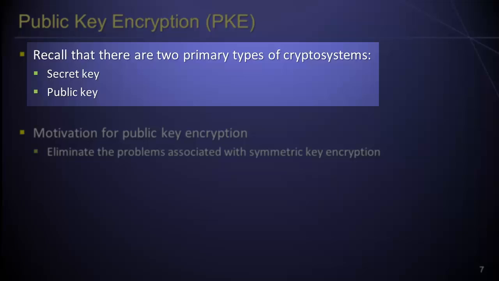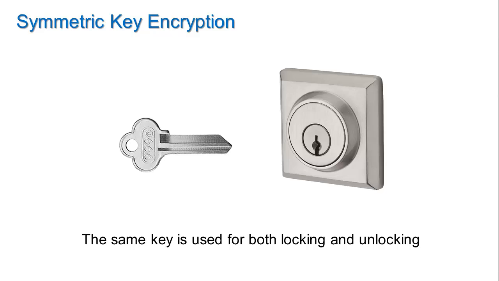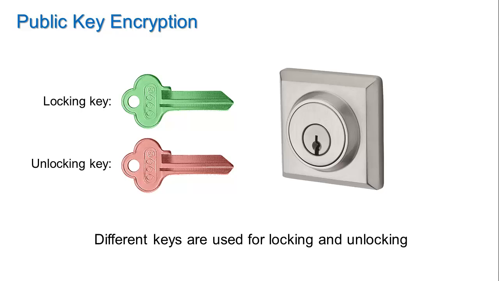A secret key crypto system is therefore analogous to a standard door lock, where the same key is used to both lock and unlock the door. By contrast, a public key crypto system would be analogous to a situation in which one key is required to lock a door, while a very different key would be required to unlock the door.